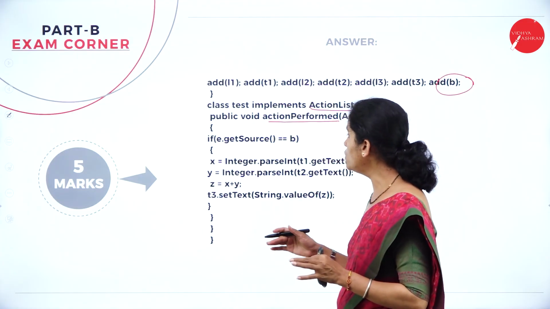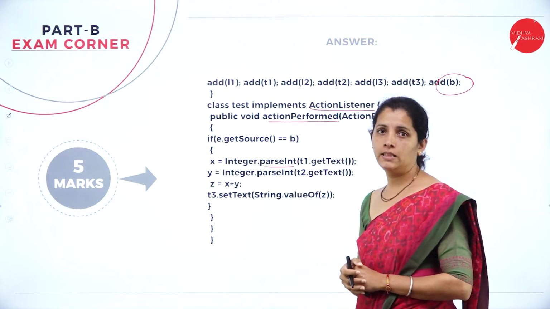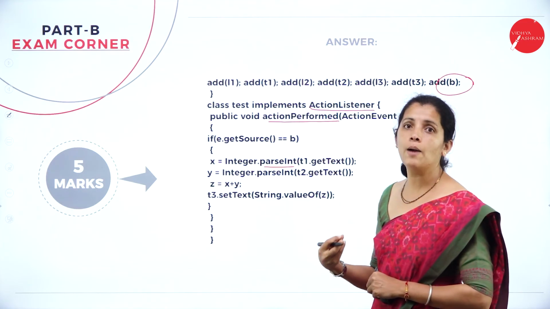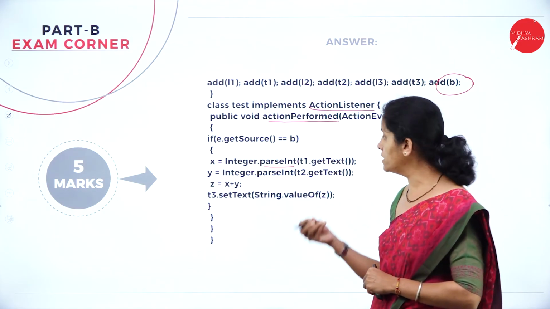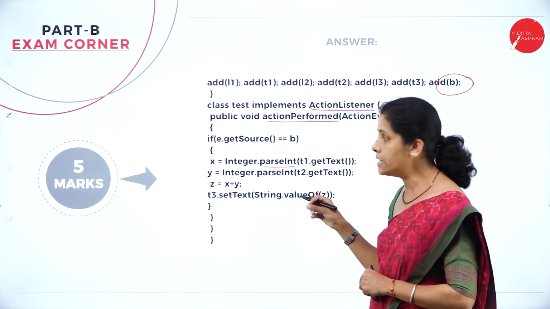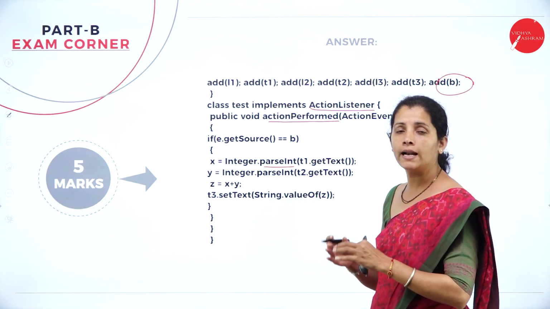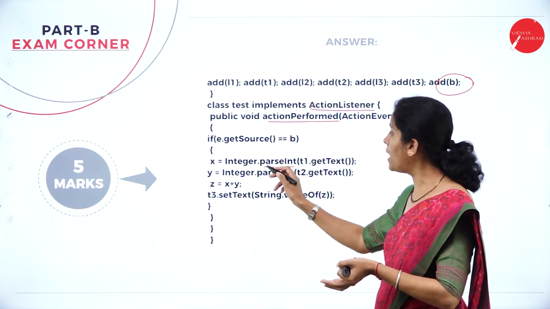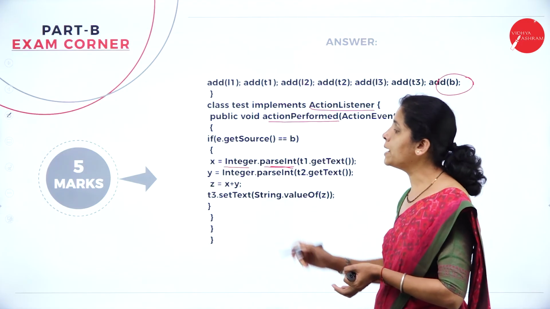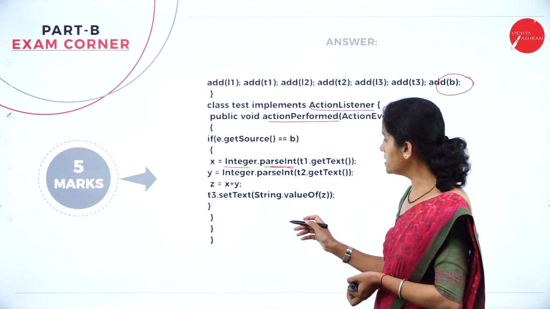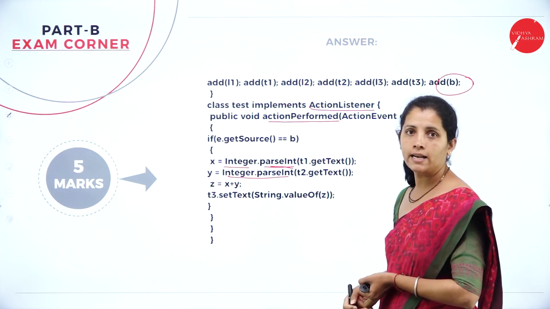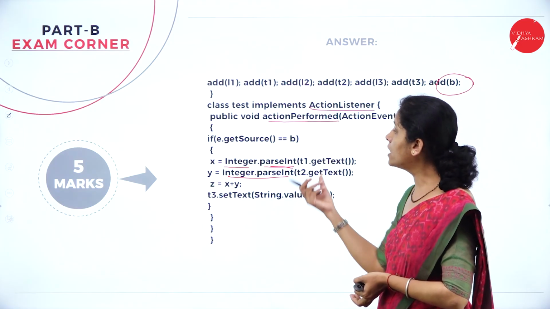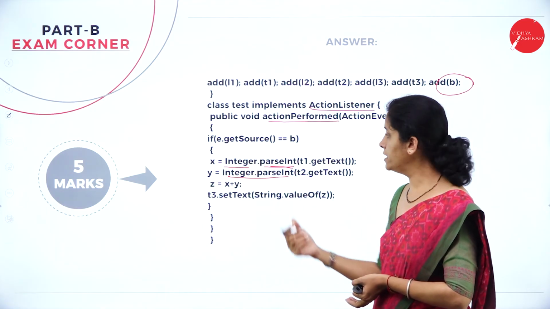So I want to parseInt, in the sense that whatever I'm going to read from the keyboard is in the form of a string. So I want to convert that into an integer. So parseInt, and it's of type integer. Once again, extract the second number, and convert it into an integer.